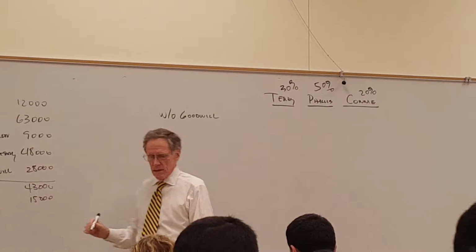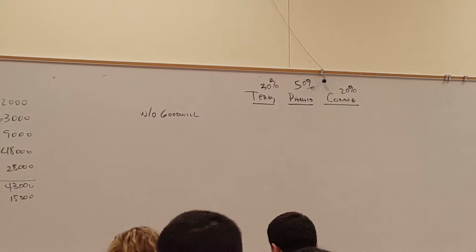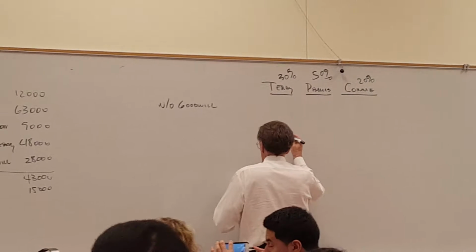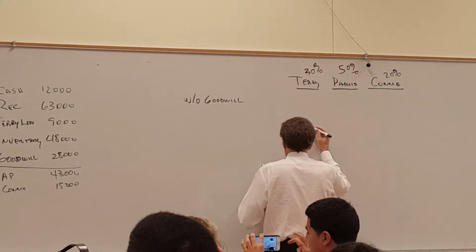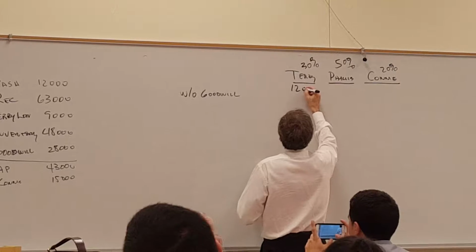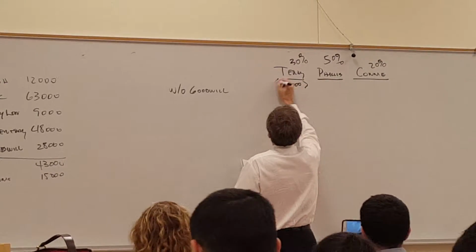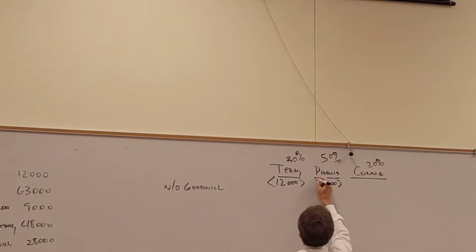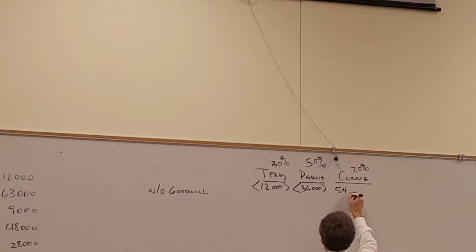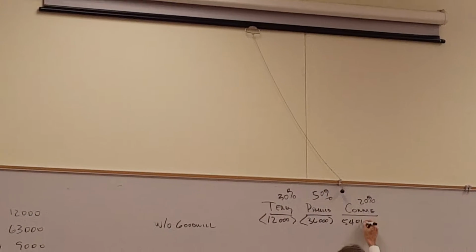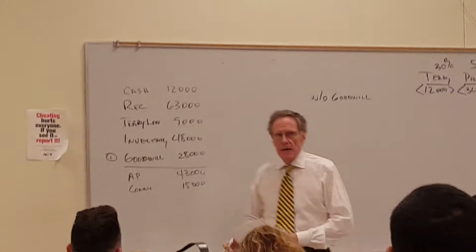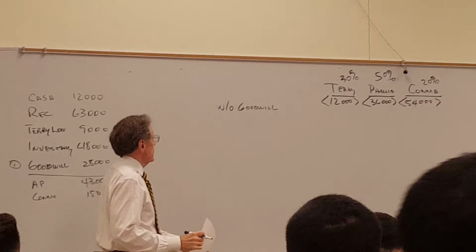The goodwill of $28,000, Phyllis would. Before I do that, I need to put them up there, don't I? Our beginning capital accounts, Terry has $12,000. Phyllis has $36,000. And Connie has $54,000. Now, the normal balance of these capital accounts is credit, so they got brackets on them.